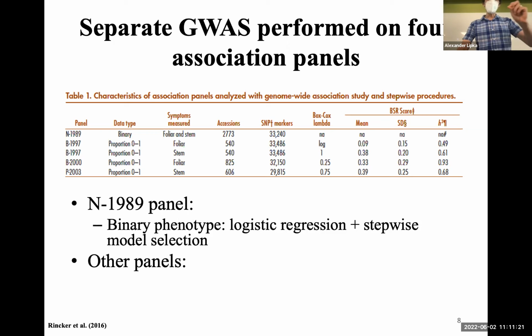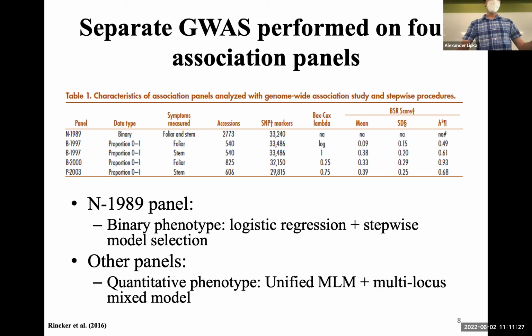And so we used a binary phenotype analog of the unified mixed linear model, okay? And then the other traits were quantitative, so we used the unified mixed linear model. And stepwise model selection and multi-locus mixed model, I will elaborate on that a little bit in this example, but throughout the course of this day, we will touch back on the multi-locus option more and more and more, okay?